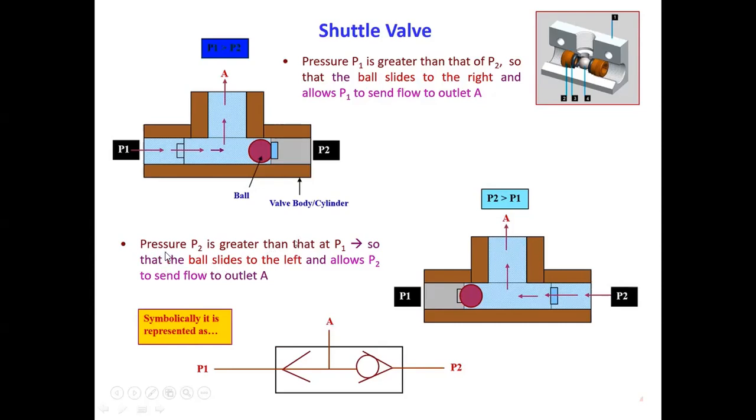In case pressure P2 is greater than that of P1, the ball slides to the left and allows P2 to send flow to outlet A.